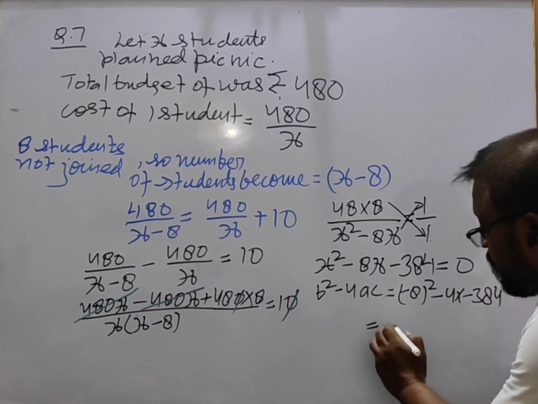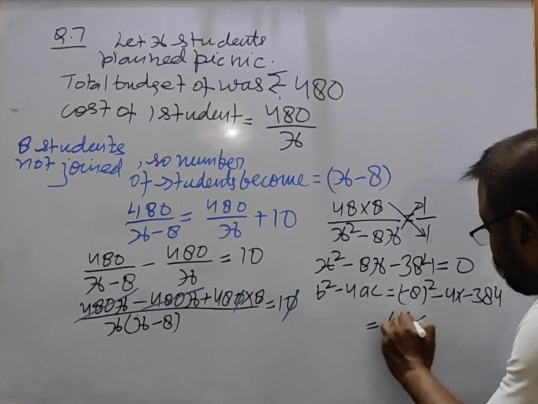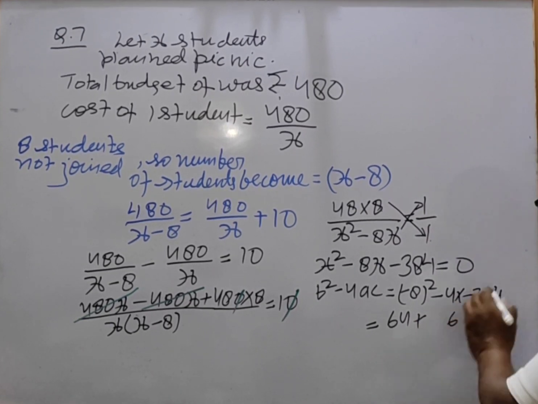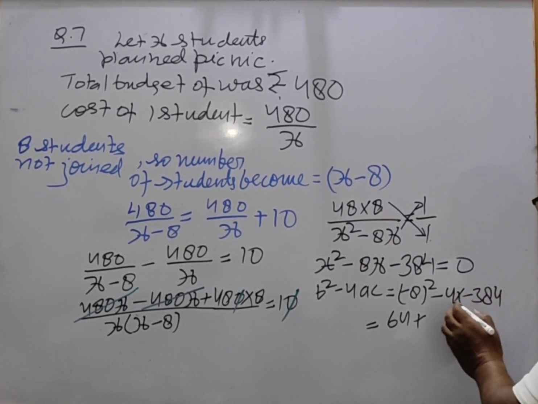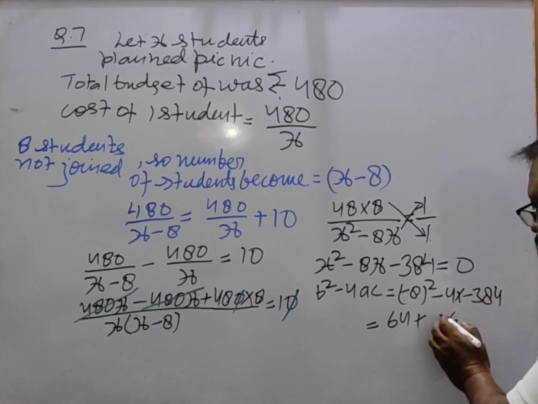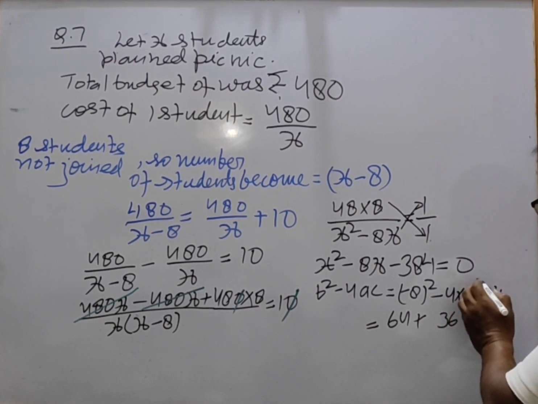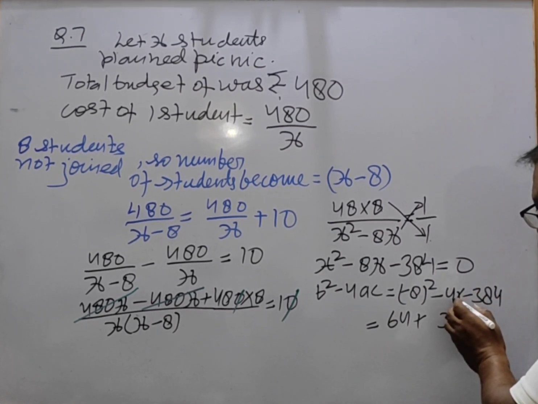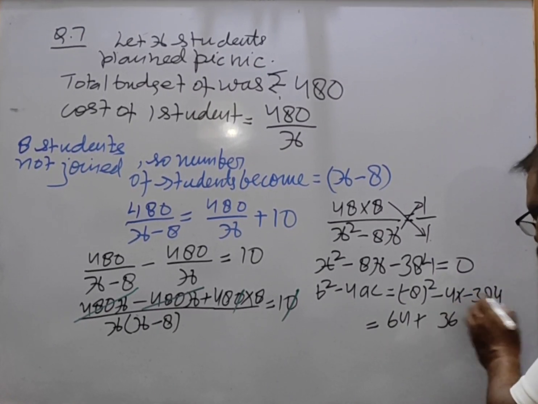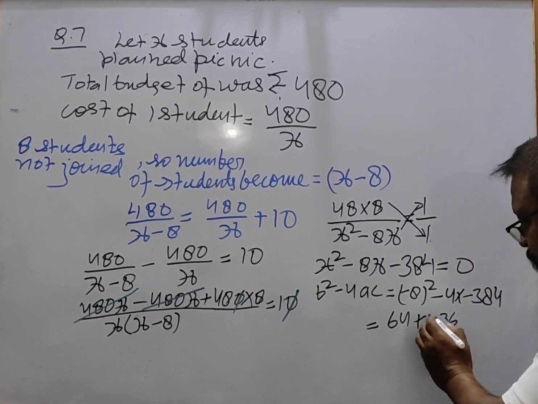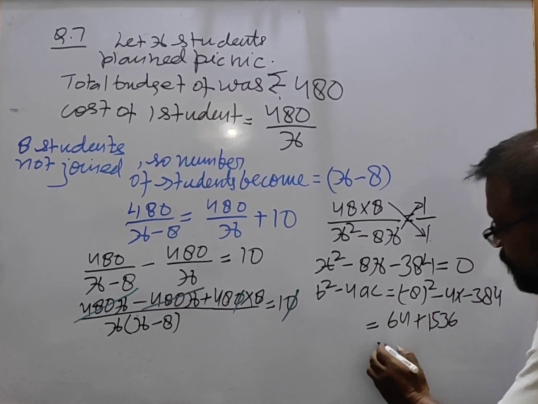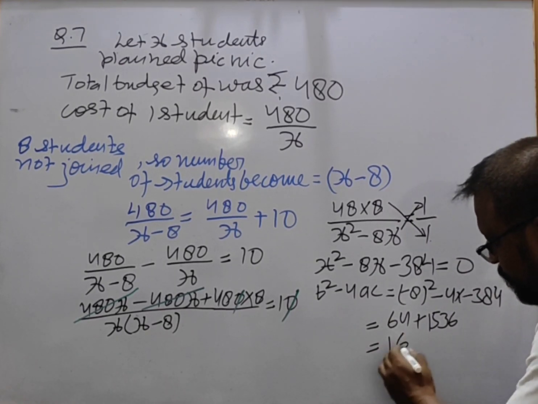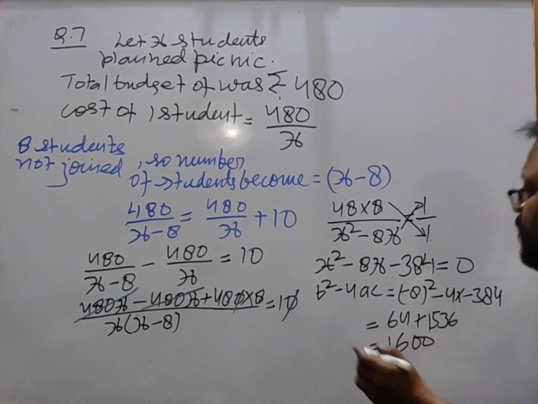So 8 8 is 64 plus 4 4 is 16, 4 8 is 32, 4 3 is 12, we get 1600, right?